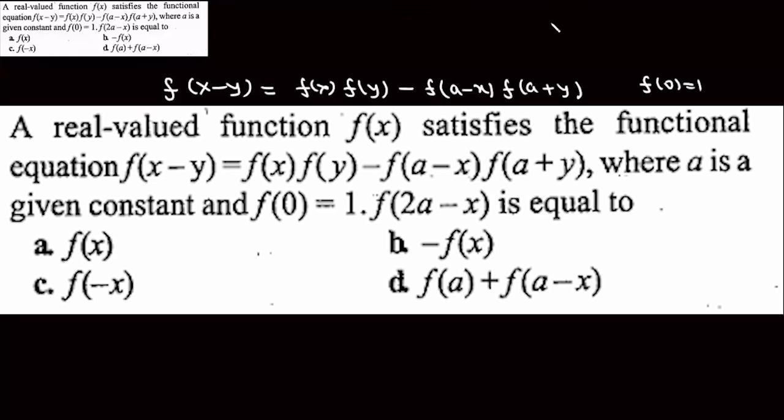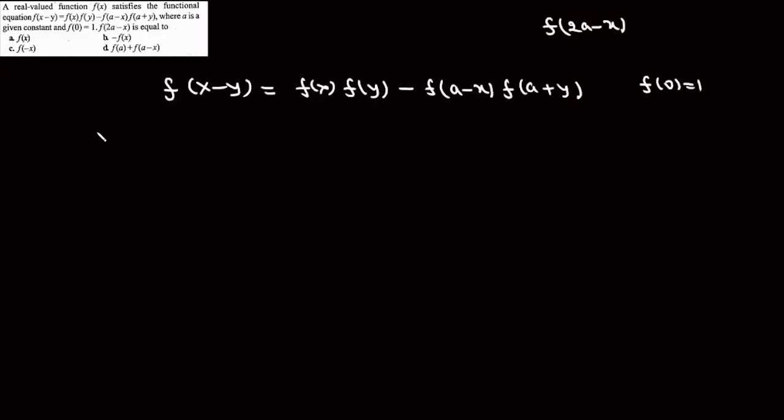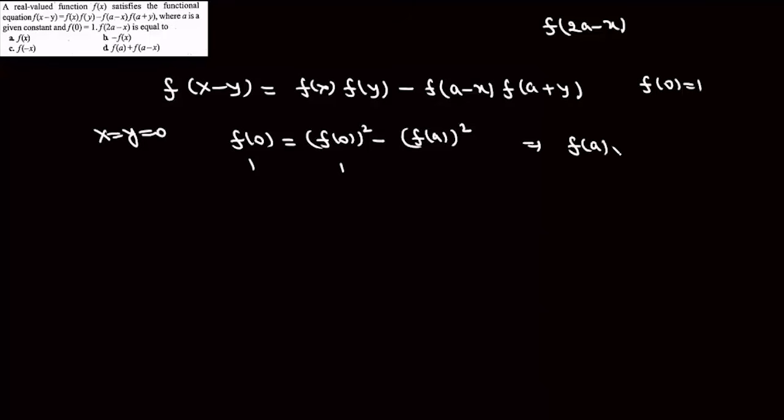We need to find the value of f(2a minus x). Now if we put both x and y as 0, we'll get f(0) equals f(0) square minus f(a) whole square. Now f(0) is 1, so this is 1 and this is 1. So from here we can write f(a) will be simply 0.